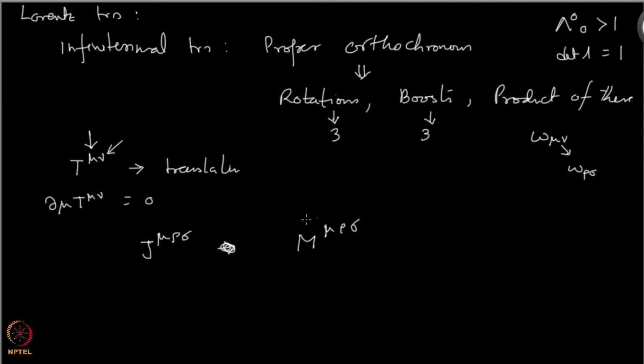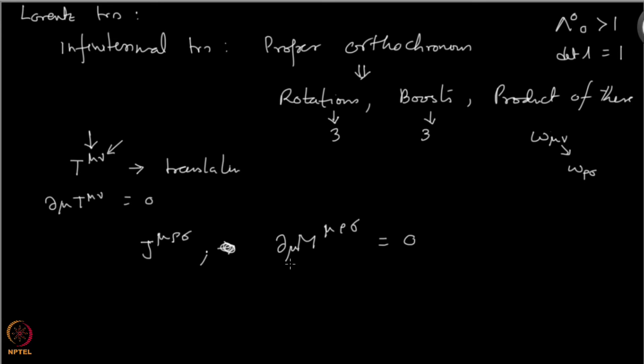More common notation is M mu rho sigma, and this mu index will contract with the derivative, and this should be the conserved current. I have not said anything about what M is and what its explicit expression is, but I do know that because I am looking at Lorentz transformations, I expect a conserved current which will carry these 3 indices. At least that much I can say.